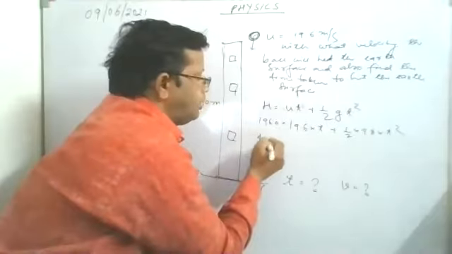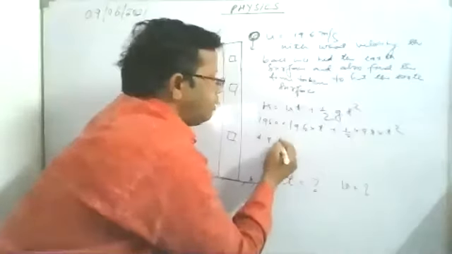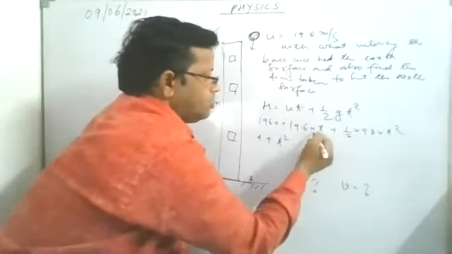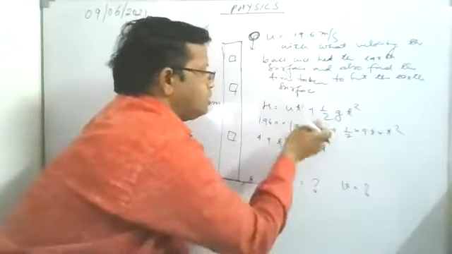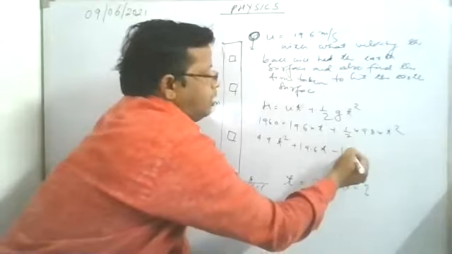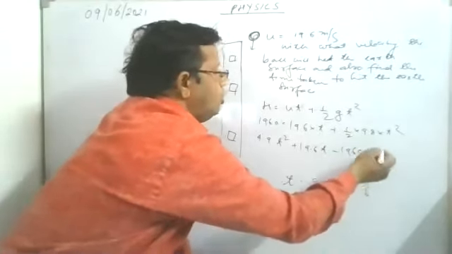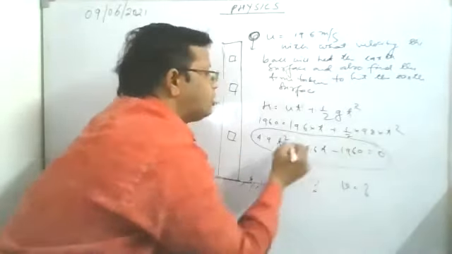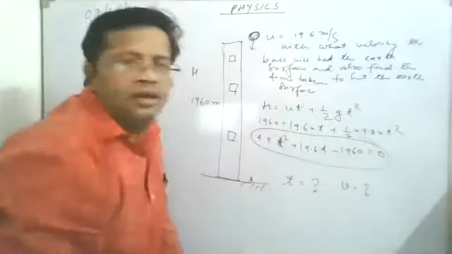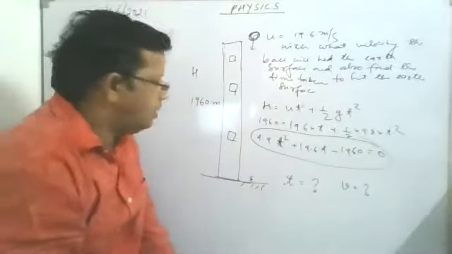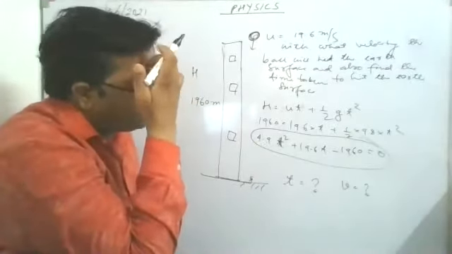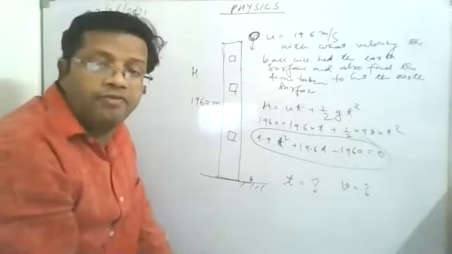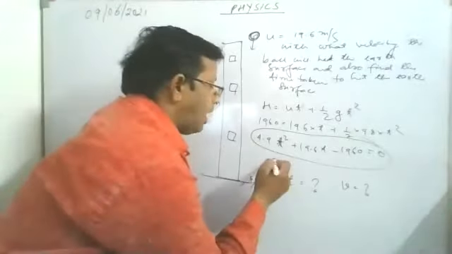This is 4.9 t square plus 19.6 t, and this comes to this side, minus 1960 is equal to 0. Now by using the quadratic formula, we can determine the value of t.